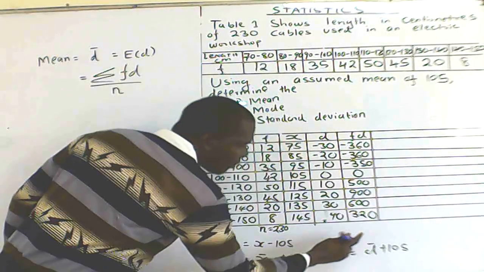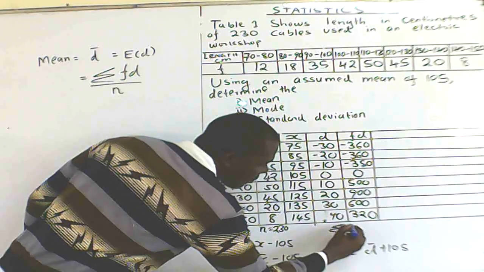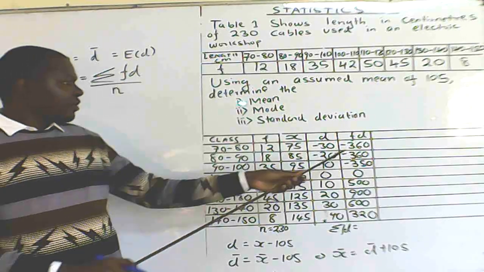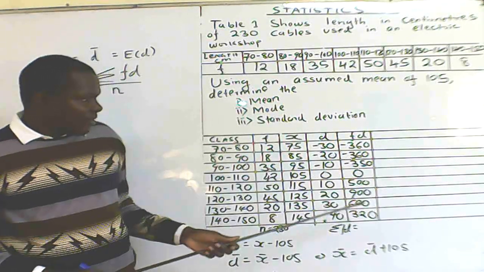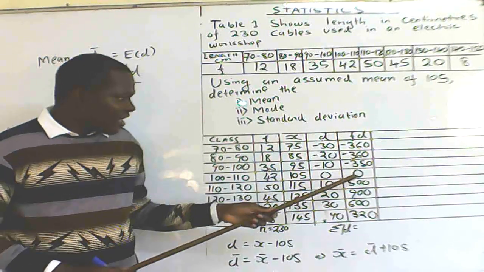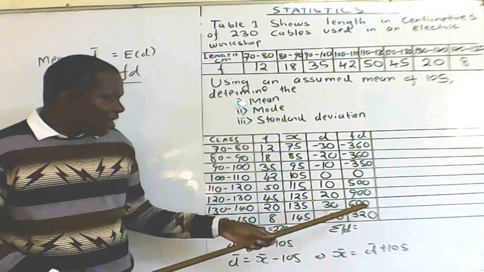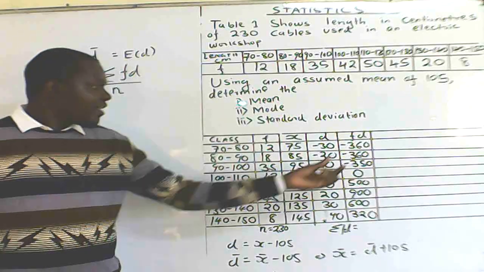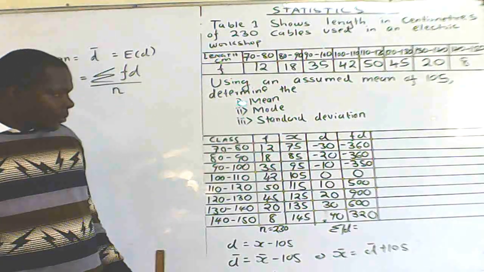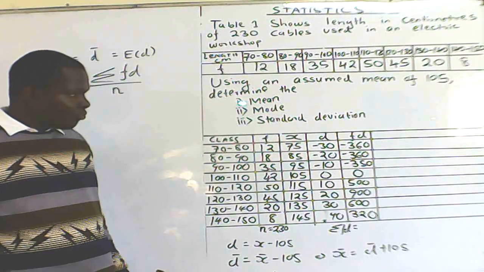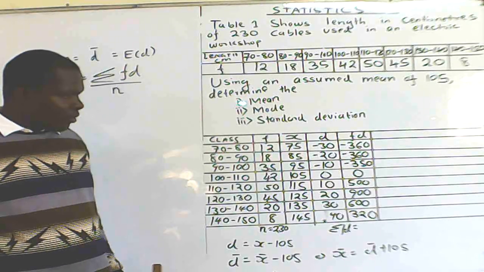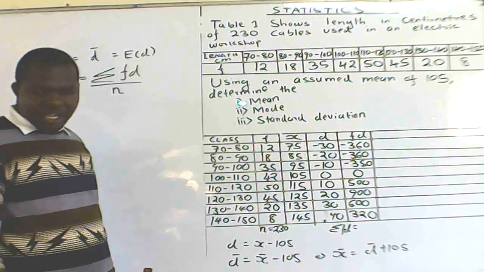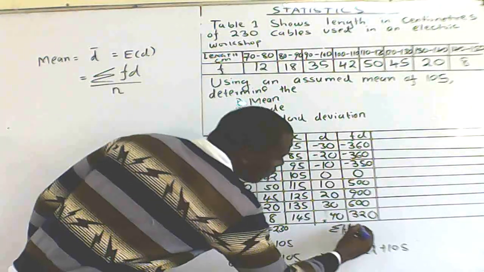So if you sum up all the FDs, what do you get? Negative 360 minus 360 minus 350 plus 0 plus 500 plus 900 plus 600 plus 320. If you add them up, what do you get? 1,250.